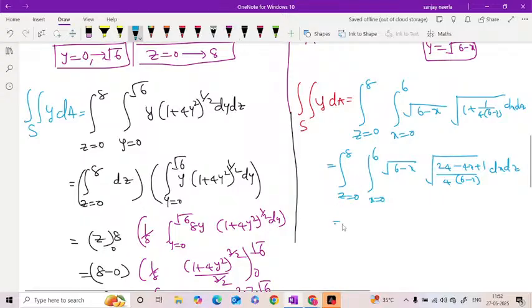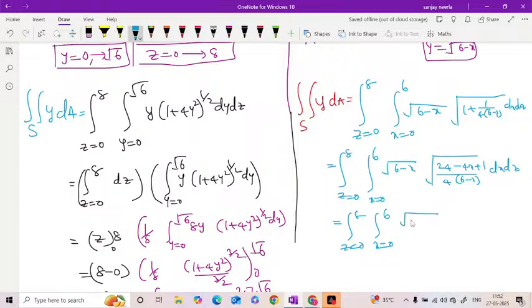After cancellation, now z is 0 to 8 and x is 0 to 6. Then here we'll get root of 25 minus 4x by 2 into dx into dz.